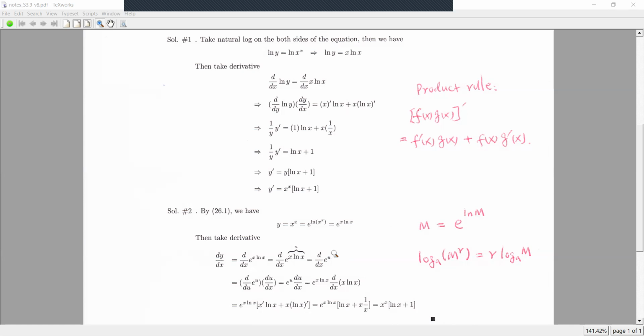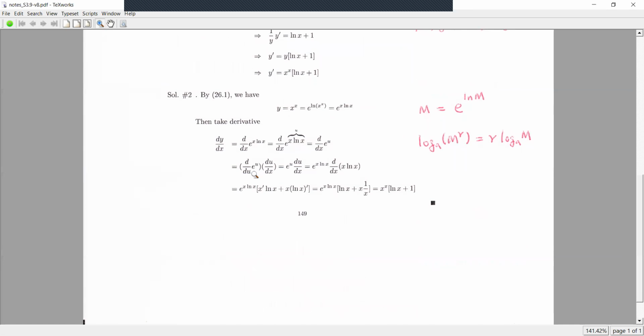By the chain rule, I write this derivative as the product of these two derivatives. The derivative of e to the u with respect to u is e to the u. Now, plug in x times natural log of x for the u here. Then I have this equation.